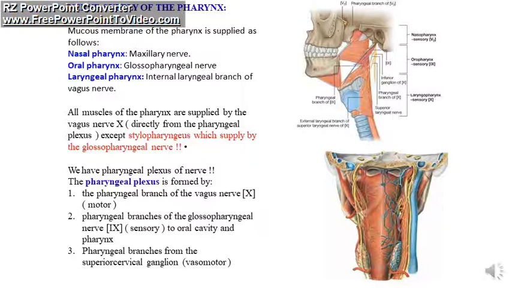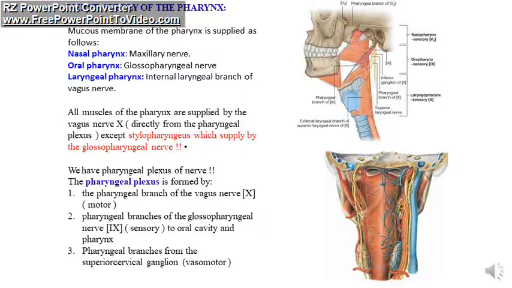The nerve supply of the pharynx is formed from three parts: the nasopharynx from the trigeminal nerve, and the oropharynx from the ninth cranial nerve, and the laryngeal pharynx from a branch of the vagus.